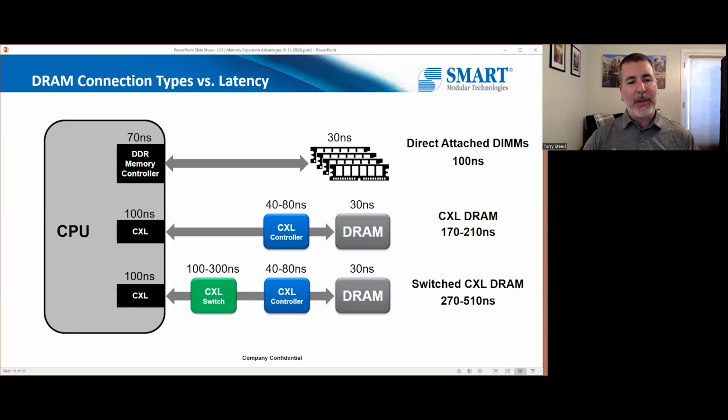So that's something to keep in mind. I think there's ultimately going to be maybe two tiers of memory. There's going to be direct attached memory that goes directly to the CPU via CXL. And there's also going to be switched as well, which is going to be larger for sure, a larger amount of memory, but more latency. So we're getting more and more granular tiers of memory as we add these different mechanisms for using CXL.